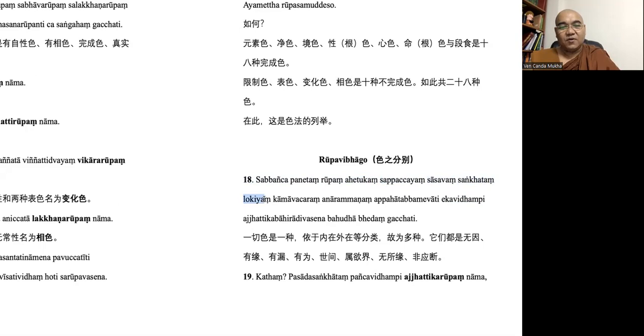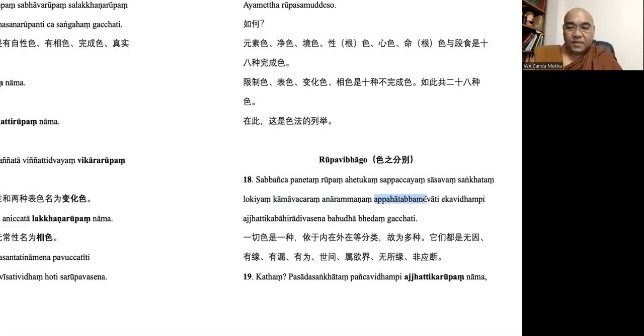Lokiya, they belong to the mundane world. Then kamavacara, they are the object of sensual desire. And anarammana, they cannot take any objects. Also, they are not the thing to be abandoned.